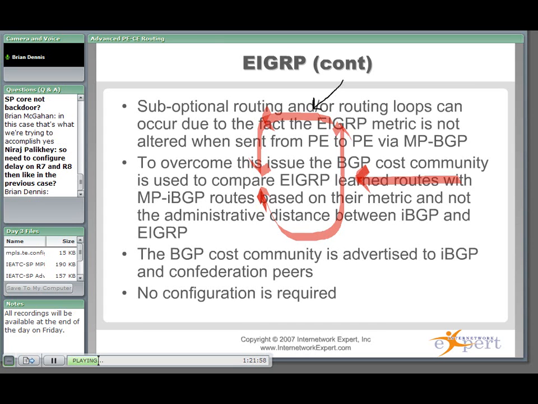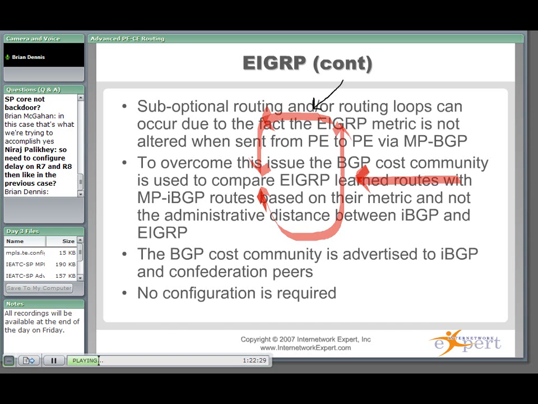Someone brought up the question. They said, so we need to configure the delay. It doesn't matter what the EIGRP metric is if we don't have the cost community, because it'll prefer IBGP. But if we're using IOS that supports the cost community feature, which is what we have, the metric will be sent across, and then we don't need to do too much delay here.